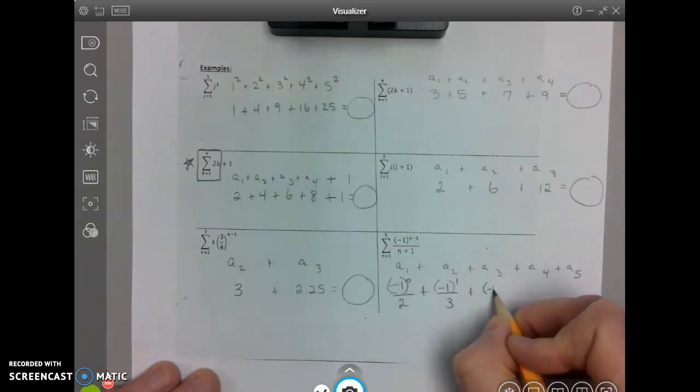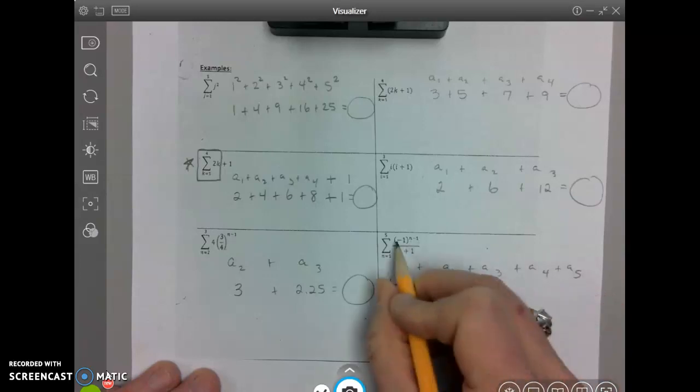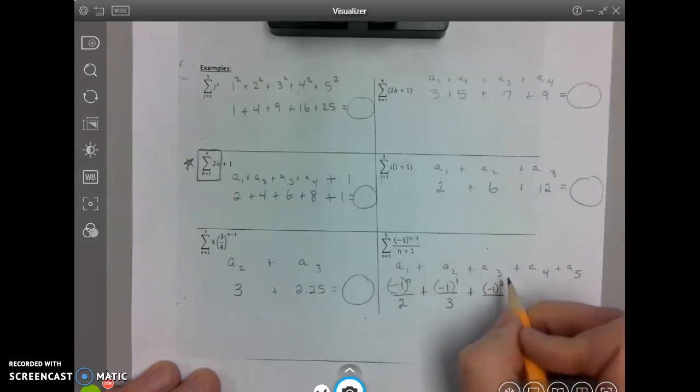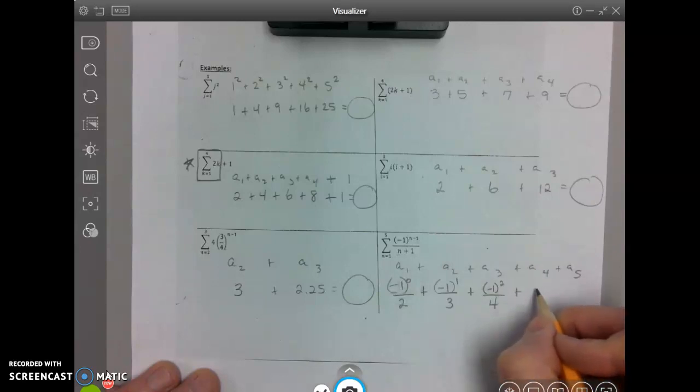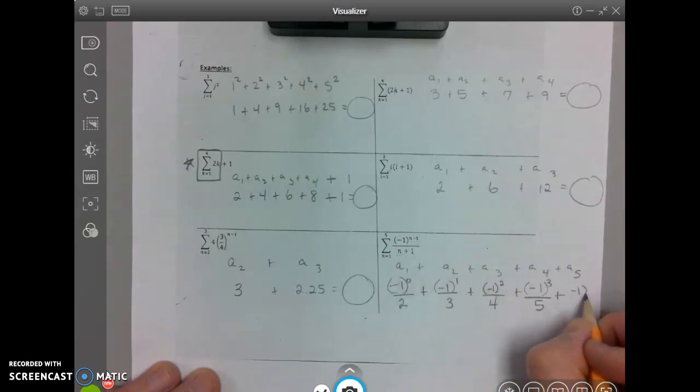And then I have negative 1 to the second, because 3 minus 1 is 2, to the fourth, because 3 plus 1 is 4. Then I have negative 1. 4 minus 1 is 3. And then 4 plus 1 is 5. And then negative 1 to the fourth over 6.